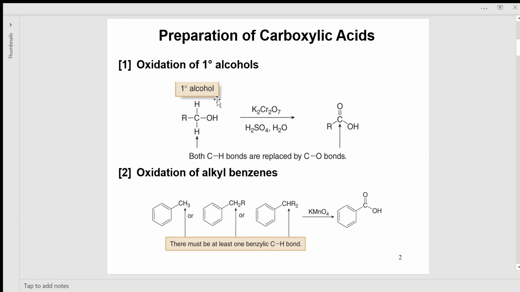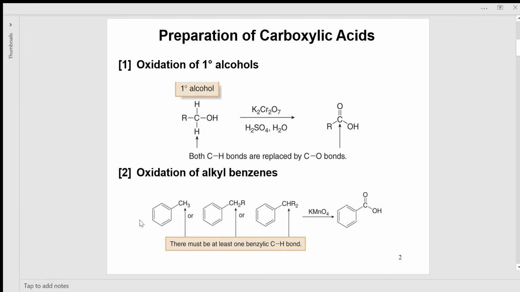The first reaction to prepare carboxylic acid is the oxidation reaction. If we oxidize primary alcohol with a strong chromate oxidative agent in acid condition, we can prepare a carboxylic acid.